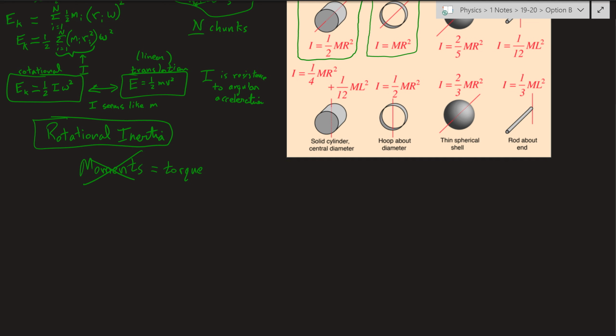Instead, what you do is an integral. So the sum from i equals 1 to n of m_i r_i squared becomes an integral of r squared, where mass is the differential element.